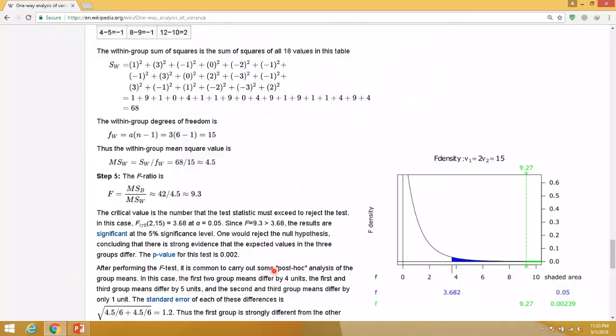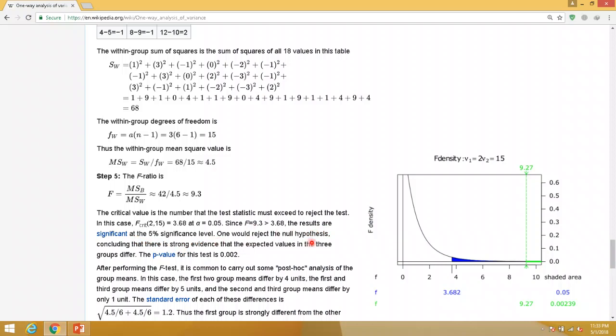Now, how to explain this 9.3, which was our test statistic? We know that if our test statistic crosses the critical value, we can reject the null, and the critical value over here is 3.68, and 9.3 means that we have already crossed this 3.68 at alpha 0.05. The results are significant at 5% significance level.